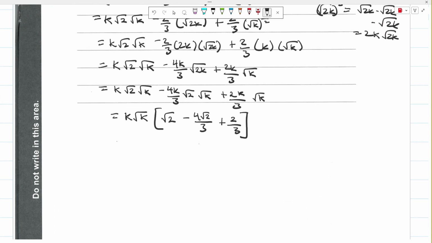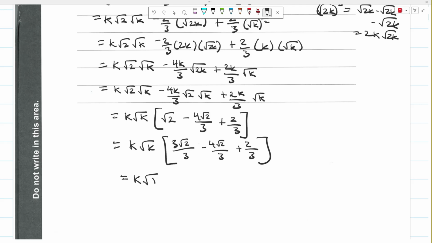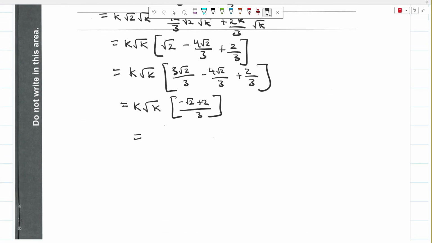So we get here 3 root 2 over 3 minus 4 root 2 over 3 plus 2 over 3. That's just going to be negative root 2 plus 2 over 3. So this is the same as 2 minus root 2 over 3 times k root k.